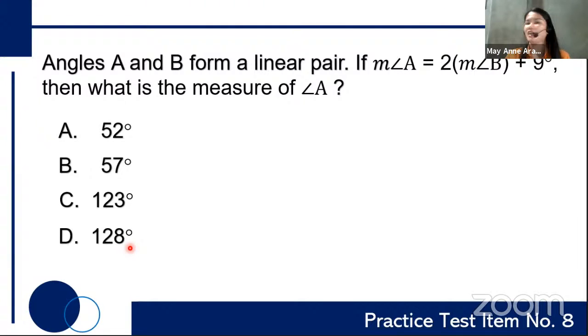Okay, to do the algebra here, we have measure of angle A plus measure of angle B is equal to 180 degrees. So then you will have to substitute this value dun sa measure ng angle A. Then proceed na sa solution.